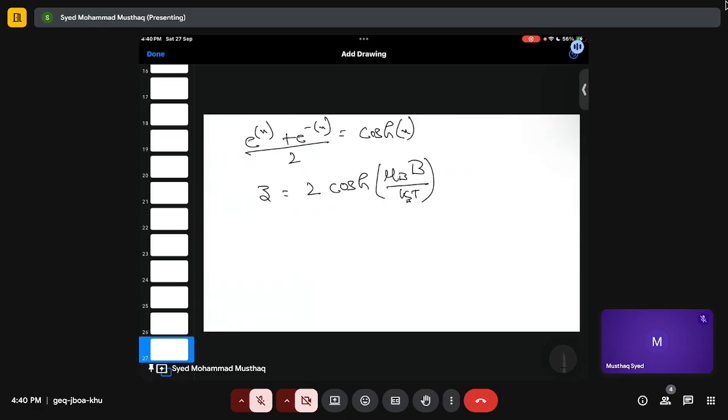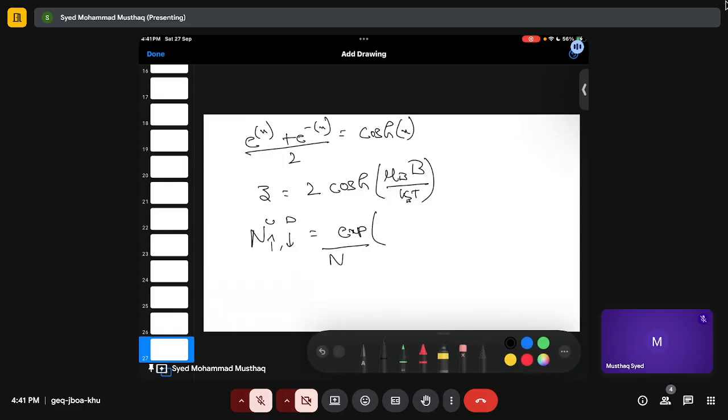Okay, so now if I write n up spins or down spins, which is equal to n exponential, or I will write n at last, that will be better.